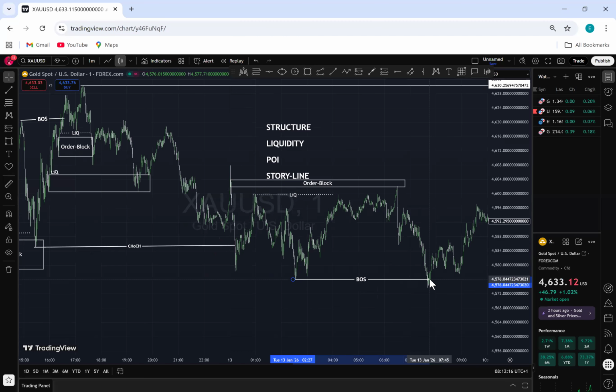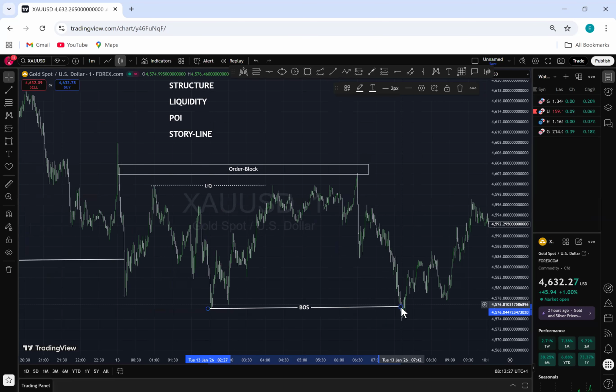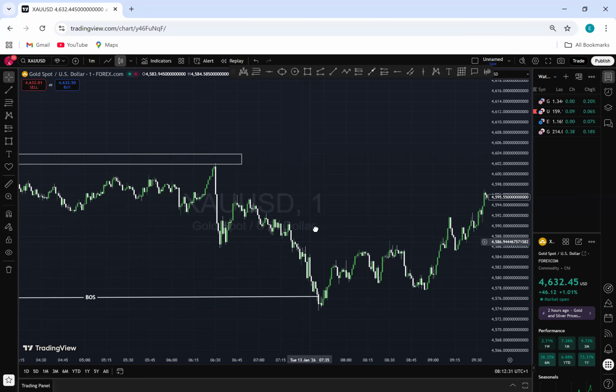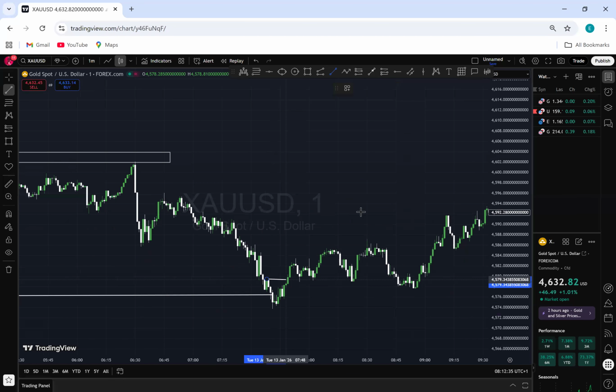But if you watch what price did here, it now gave a sweep. Price gave a sweep that gave a change of character here.